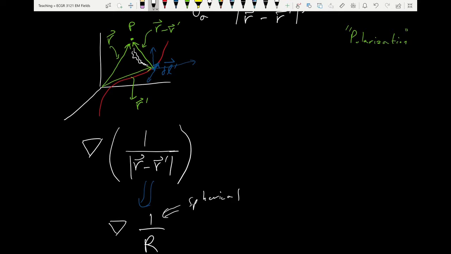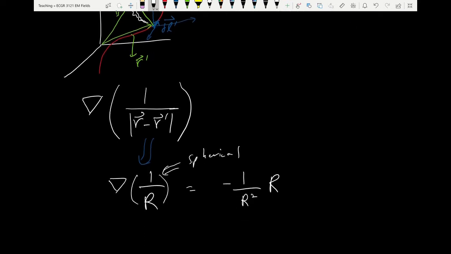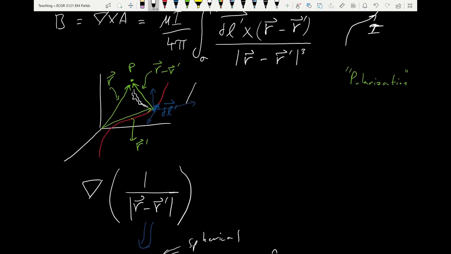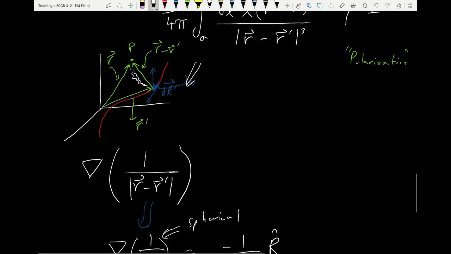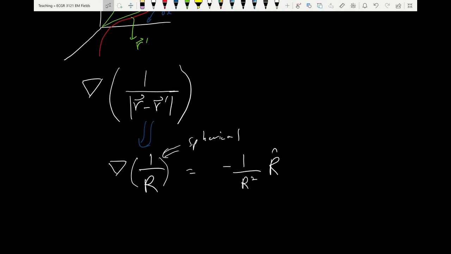The gradient of 1 over r as a scalar field is minus 1 over r squared, r hat. R hat is the unit vector in this coordinate system that I've placed on the filament, whereas the theta hat and phi hat components are all 0, because the scalar function is only a function of r.